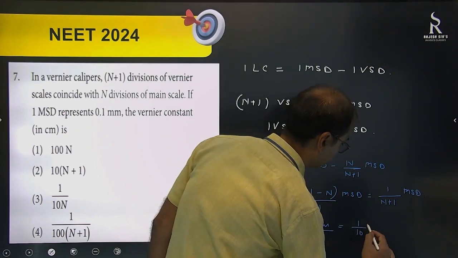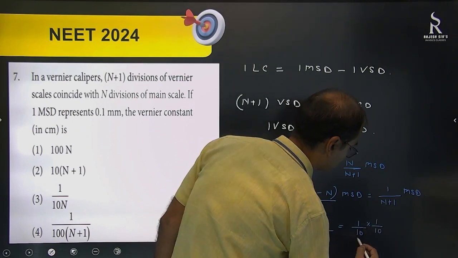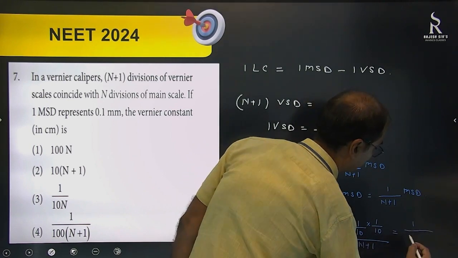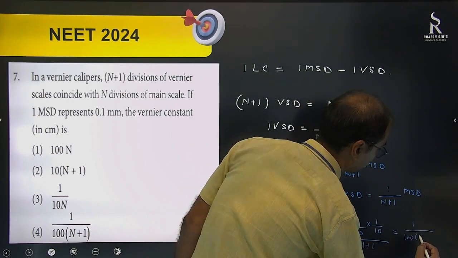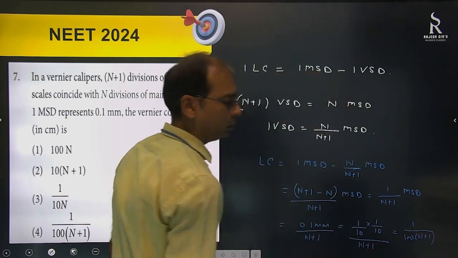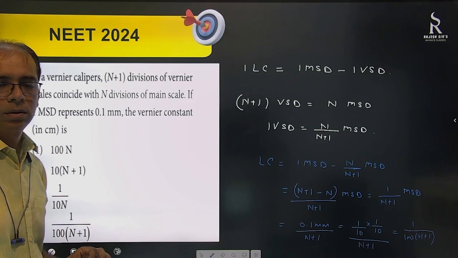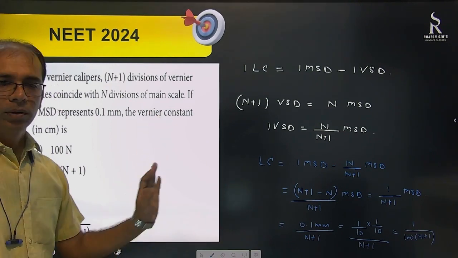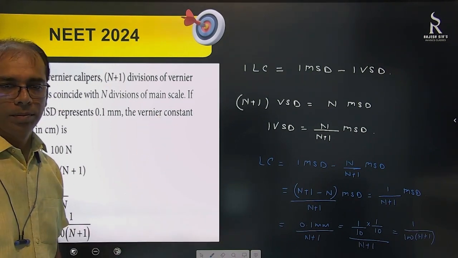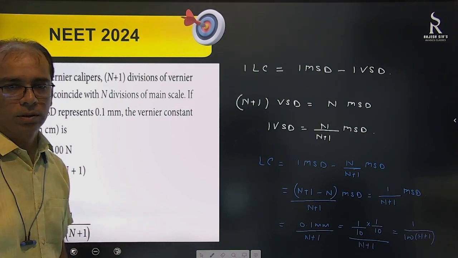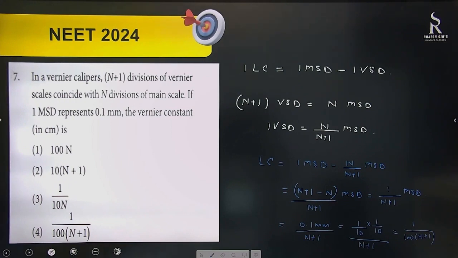And 1 mm means 1 by 10 of a centimeter by n plus 1. So my answer now is 1 by 100 into n plus 1. Again a conceptual question. Okay, but you have to calculate it, takes time. Okay, so I would put it into this moderate type of question. Okay, right, next one.